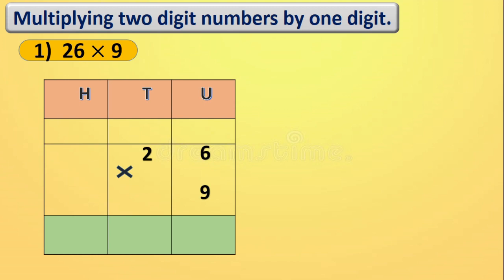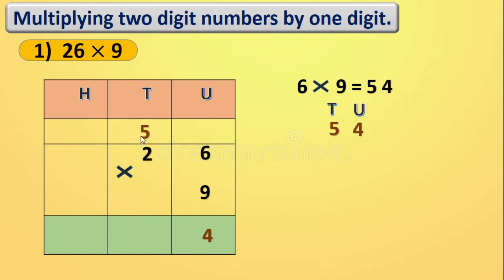Now 9 sixes are how much? Yes, 9 sixes are 54. So we will write here 5 and 4. But we can't write two numbers in a single column, so I will write 4 in the unit place and 5 will move to the tens place. So 5 is carried over to the tens place. Got this, children? Am I fast?